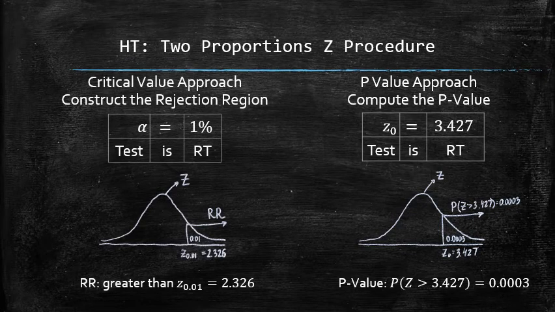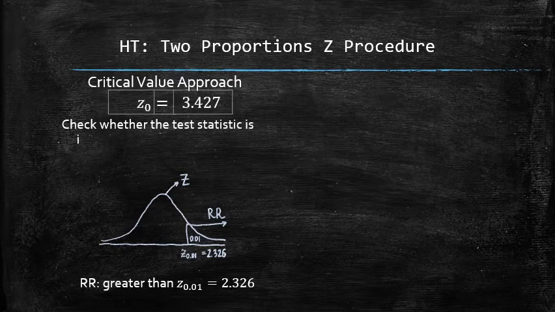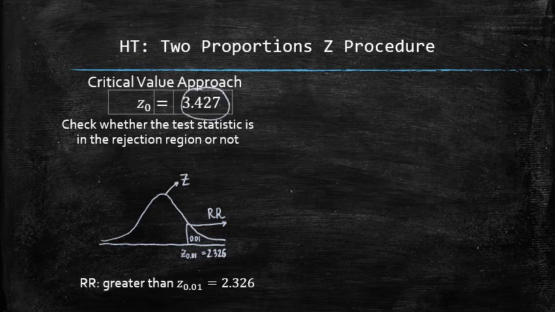Next, we're going to decide whether to reject or not reject the null hypothesis. In the critical value approach, we must check whether the test statistic is in the rejection region or not. Our test statistic is 3.427, and it is to the right of the critical value of 2.326. Thus, it is in the rejection region.